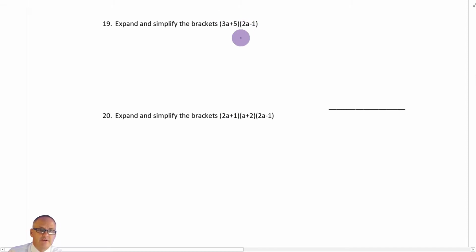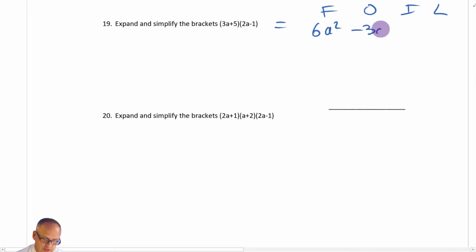Right, we're going to expand and simplify these brackets. I recommend the FOIL method. There's lots of methods. They're all fine. This stands for first, outer, inner, last. So we're going to times the first two things together. 3a times 2a is 6a squared. Outer two things, 3a times minus 1 is minus 3a.